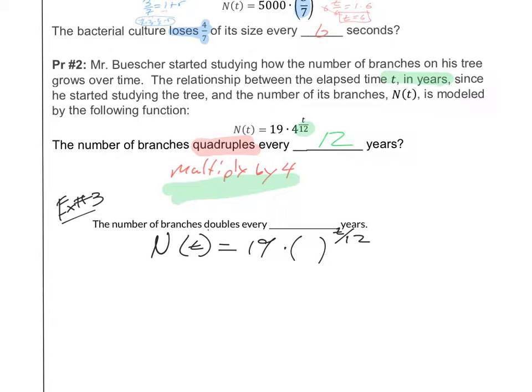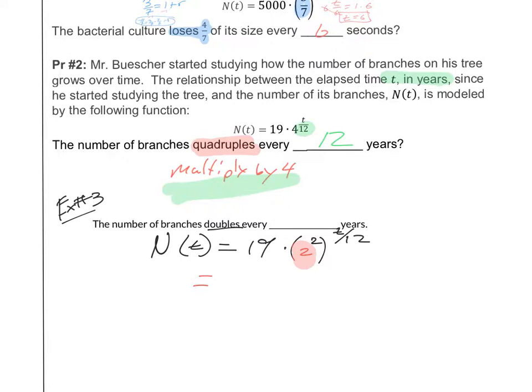Well, if I wanted it to double, I could think of it as 2 squared. There, now I have a 2, so now it will be doubling, but now I'm going to have to simplify this thing out just a little bit.